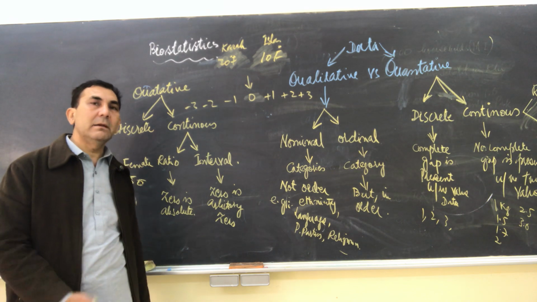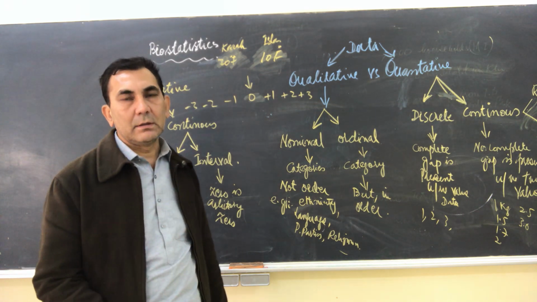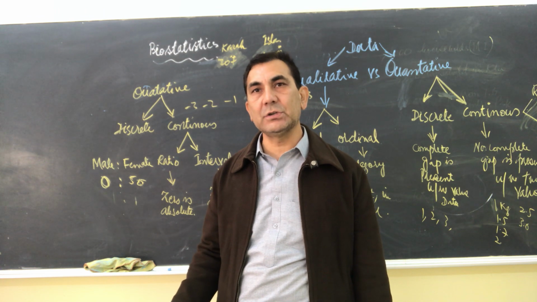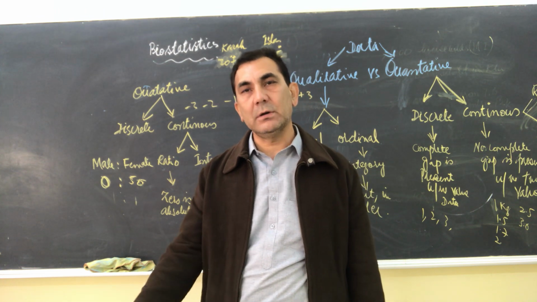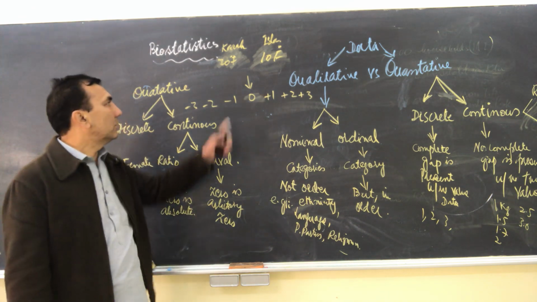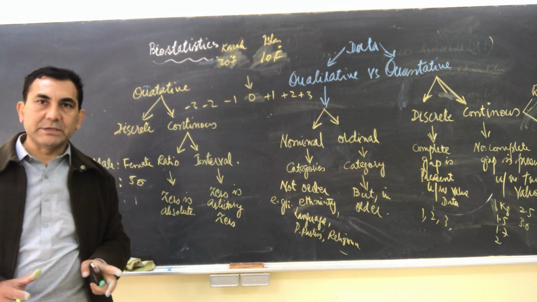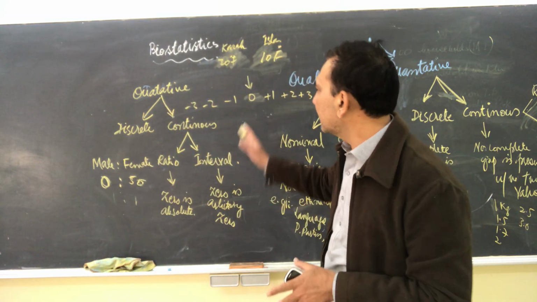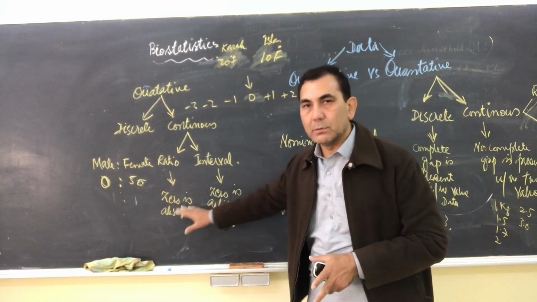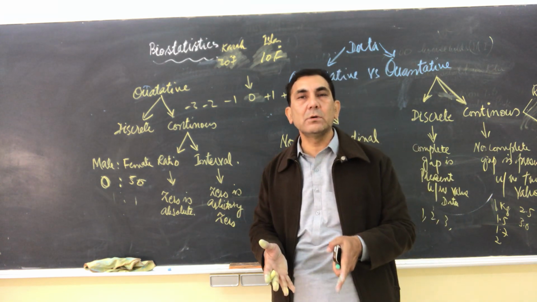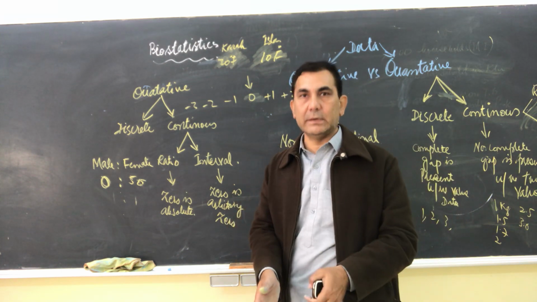You say my shoe size is larger as compared to your shoe size. So where zero is present in the interval, it doesn't mean absolute zero, but it is an arbitrary zero. Arbitrary zero means the zero has a certain value over there.